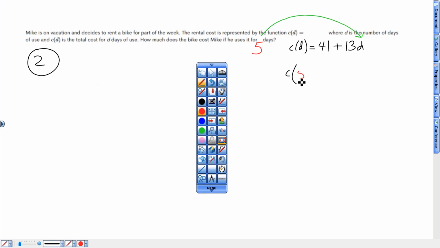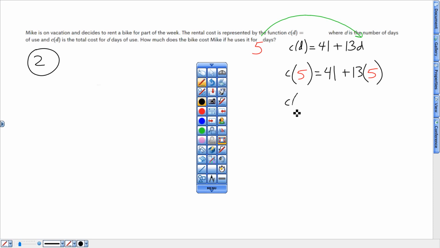After 5 days, I get by taking 41 plus 13 times what? 5. Order of operations says do that multiplying first before you add that 41. So 13 times 5 on my calculator, being precise, gives me 65.